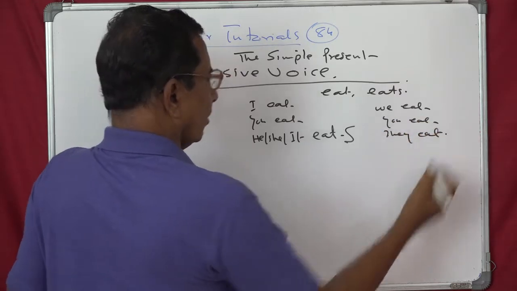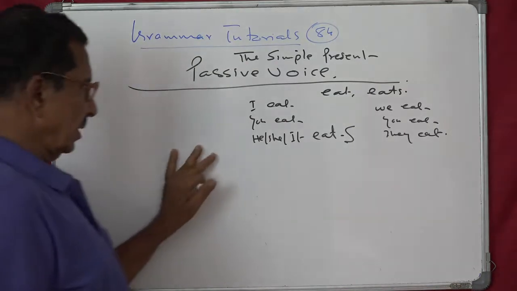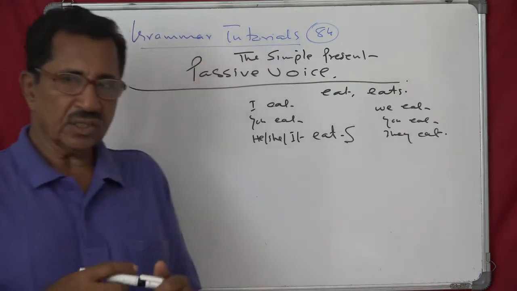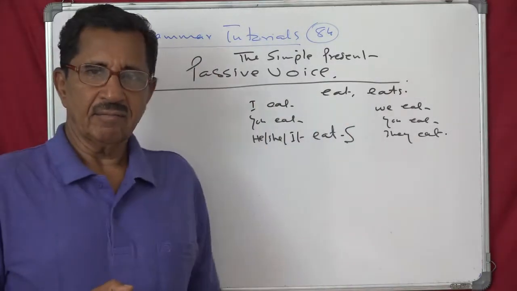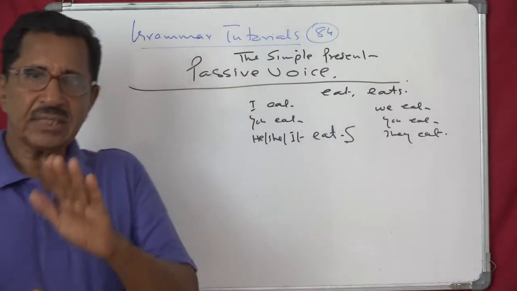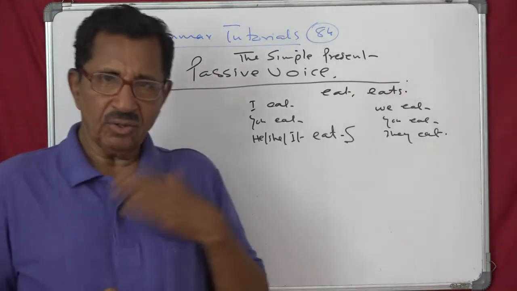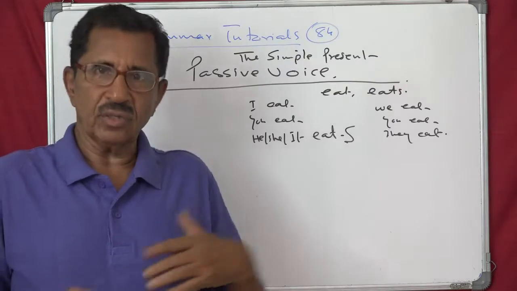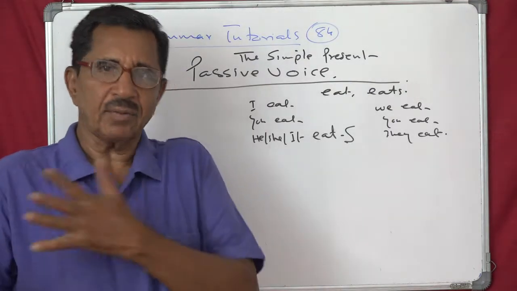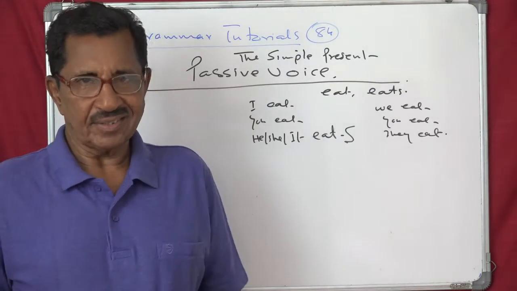Third person plural. Third person means all those things which are not I, you, and we. If you want to find out the third person, you just ask, is it I, you? For example, tree is flowering. Is it I? No. Is it you? No. Is it we? No. So, third person. Tree is third person.